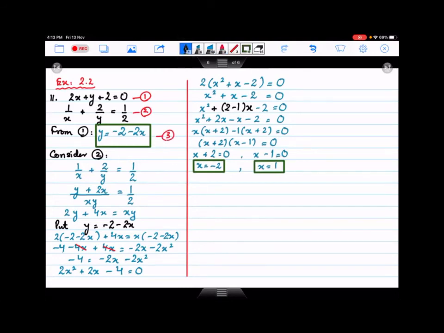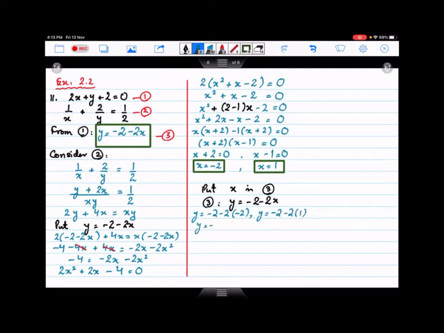So I should be putting x equals to whatever the value of x is in equation 3, while equation 3 is y is equals to minus 2 minus 2x. So it should become y is equals to minus 2 minus 2, x value is minus 2, and y is equals to minus 2 minus 2 into 1.